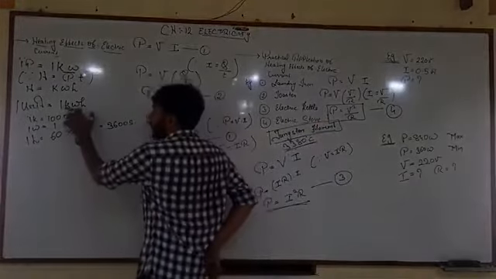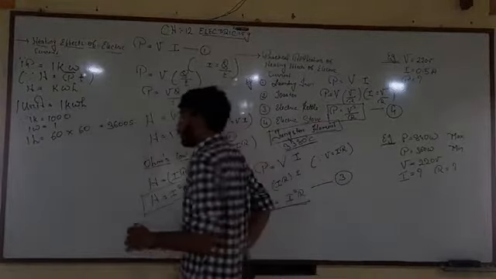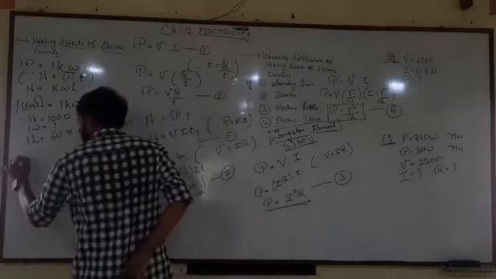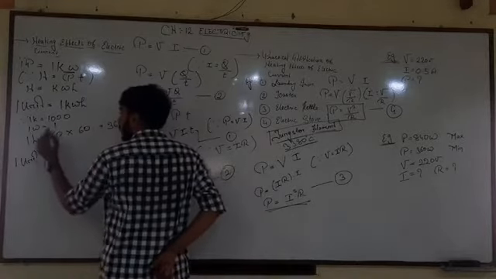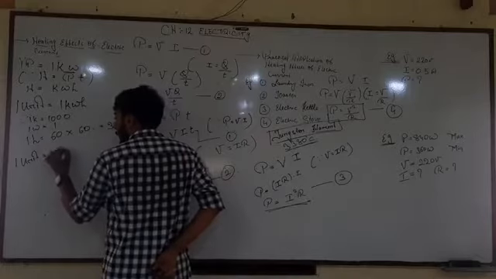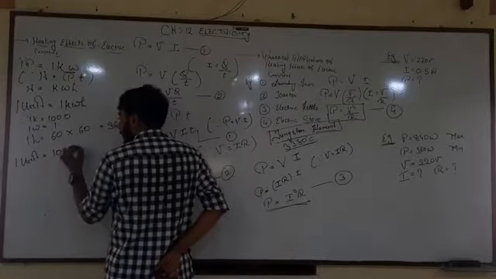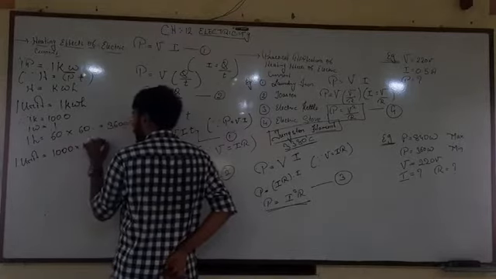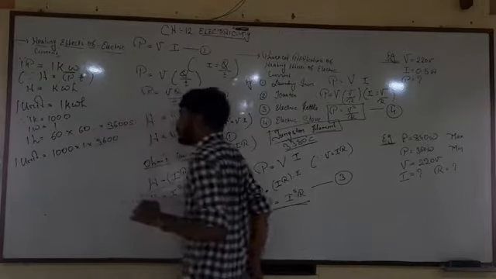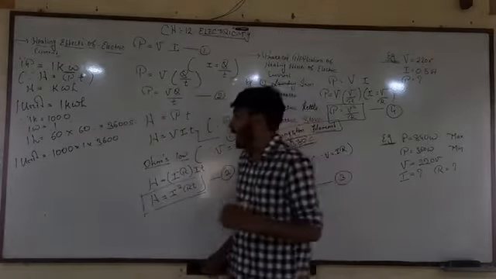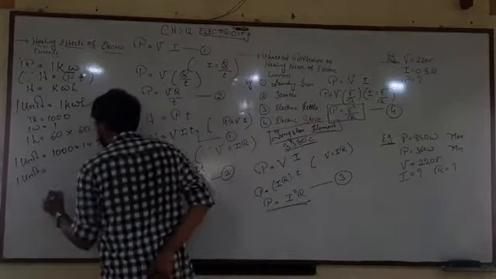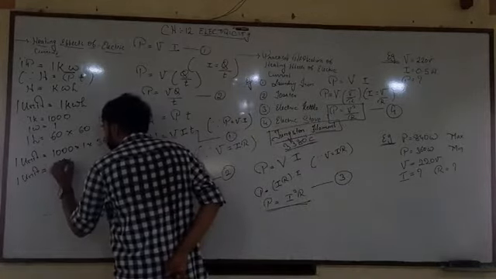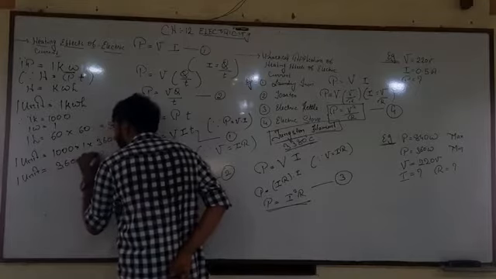Now we can substitute this value over here, and so we need to write 1 unit is equal to 1 kilowatt hour. So that is 1000 multiplied by 1 multiplied by 3600, and so we can write 1 unit is equal to 36 lakh.